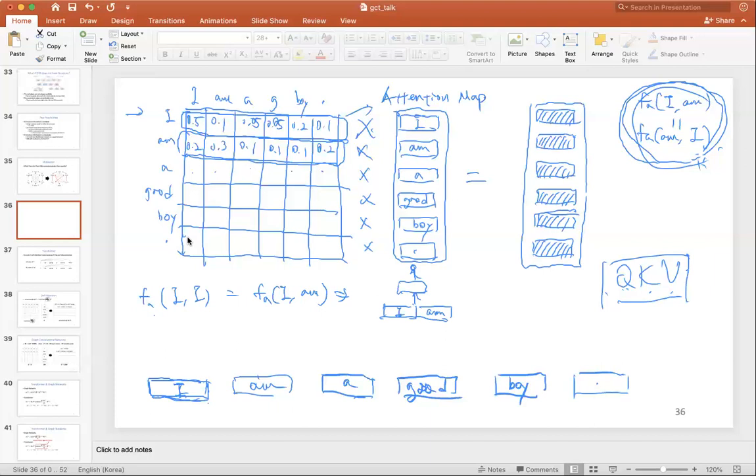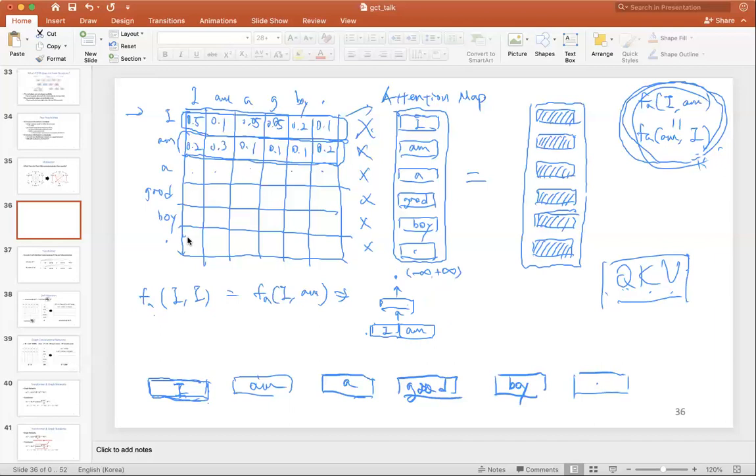To be technically correct, let me just erase this. To be very accurate, there's the I vector here, there's the M vector here, you have this hidden layer, and then you have a scalar value whose range is between negative infinity and positive infinity.